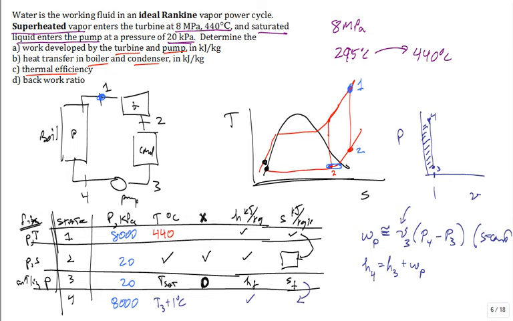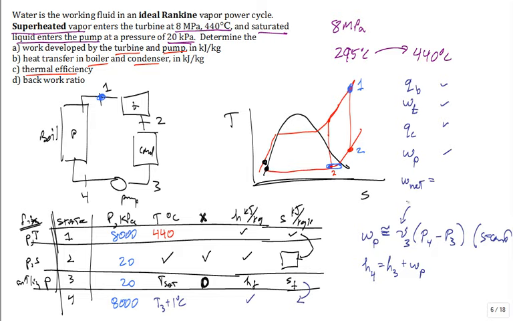Now, once I have that table of properties, then I usually have another table of all of my Q's and W's: Q of the boiler, W of the turbine, Q of the condenser, W of the pump, and I know that those are all delta H's, and I make those calculations. And then I continue that column and I say, okay, I need to calculate the work net of the cycle.